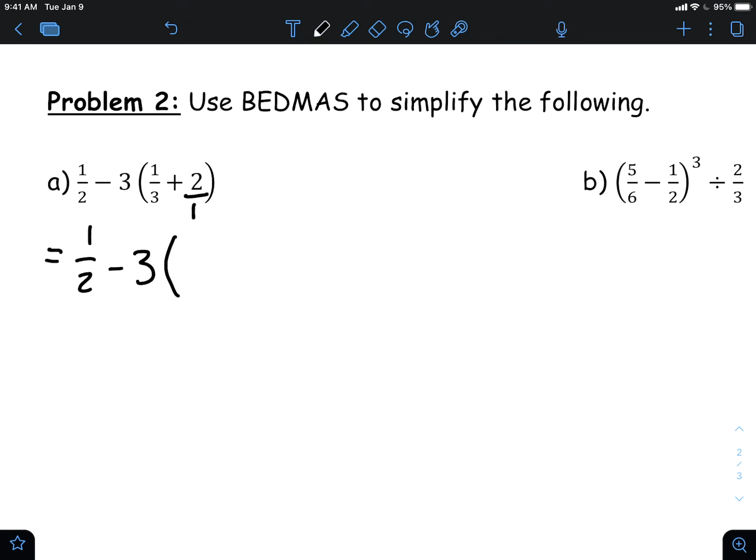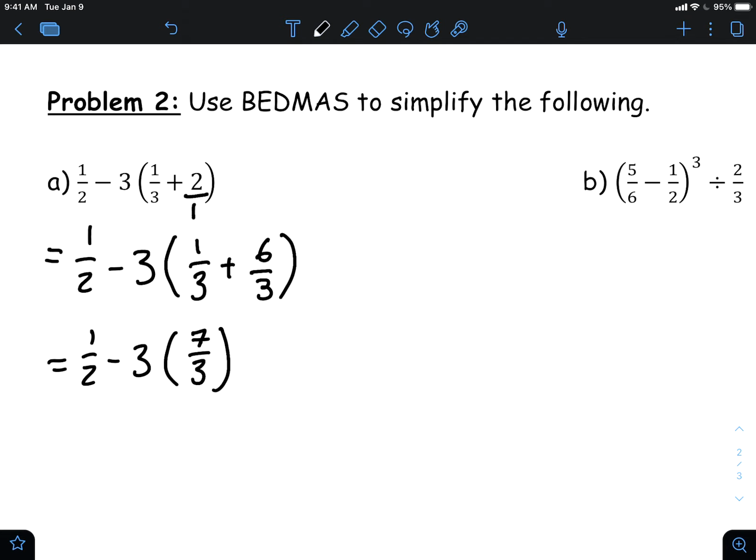So what is that going to be? 3. Yeah, just 3. Simple as that. So 1 over 3 can stay the same. And then the 2 is going to have to multiply by 3. So it's 6 over 3. Okay, and then we can carry out the addition. So that's equal to 1/2 minus 3 times 7 over 3.